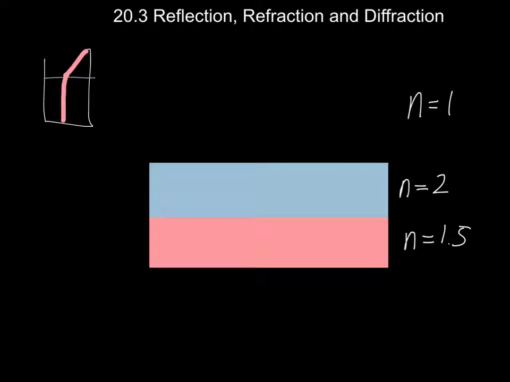But really what refraction is, it's a measure of what is the speed of light through an object. So the equation that we use to figure out what the speed of light through an object is uses something called the index of refraction. So here we have three different materials. We have air, so we're just going to say that this is air, that has an index of refraction of 1.